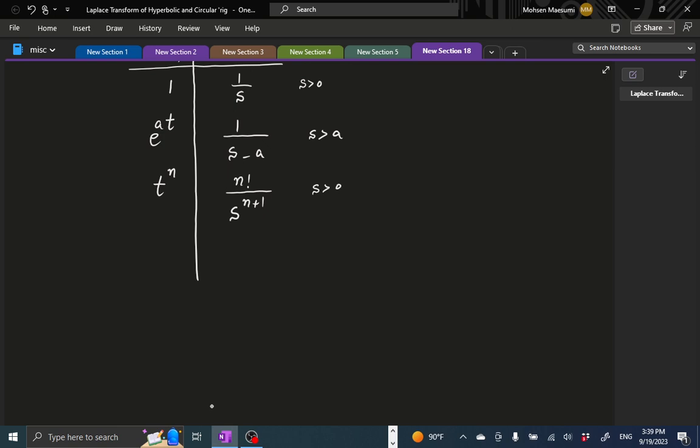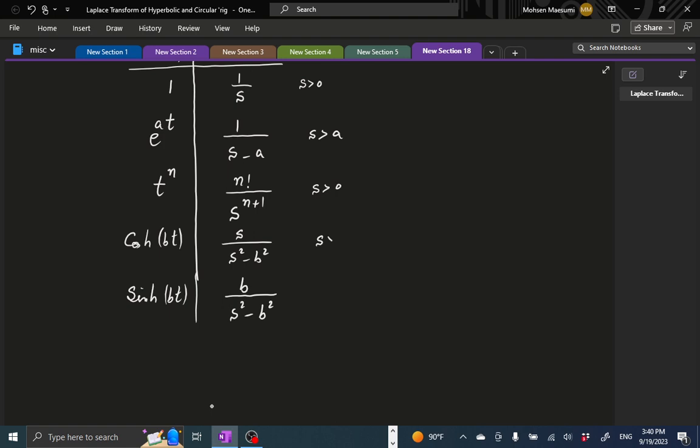Next we had cosine hyperbolic of bt, and that was s over s squared minus b squared, and then sine hyperbolic of bt we just found today, and that one was b over s squared minus b squared.